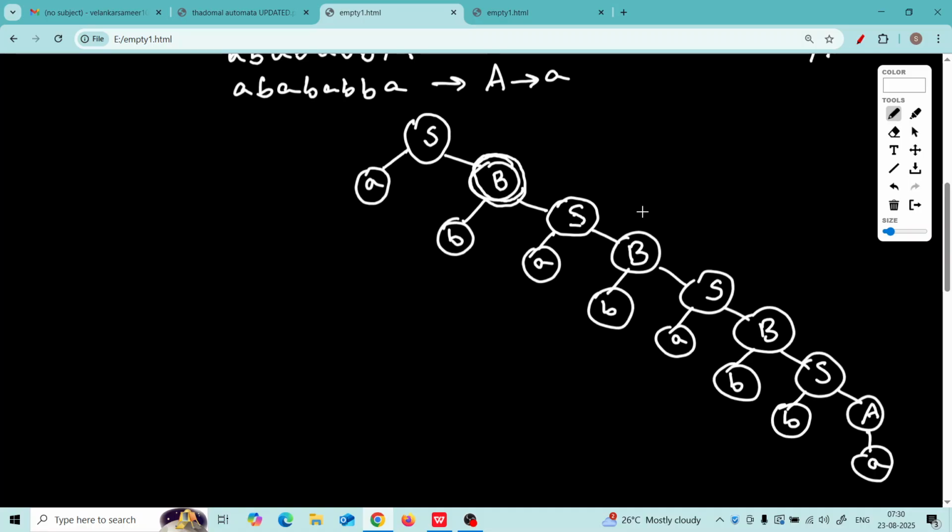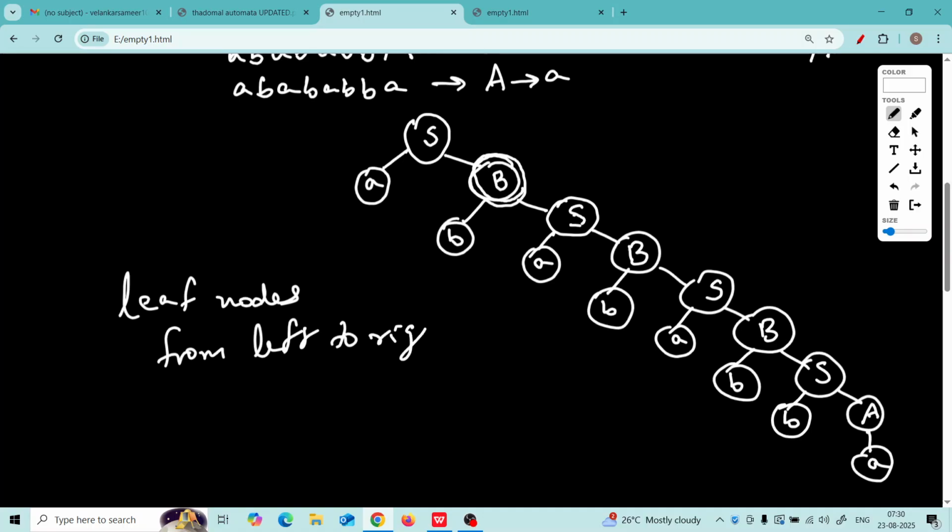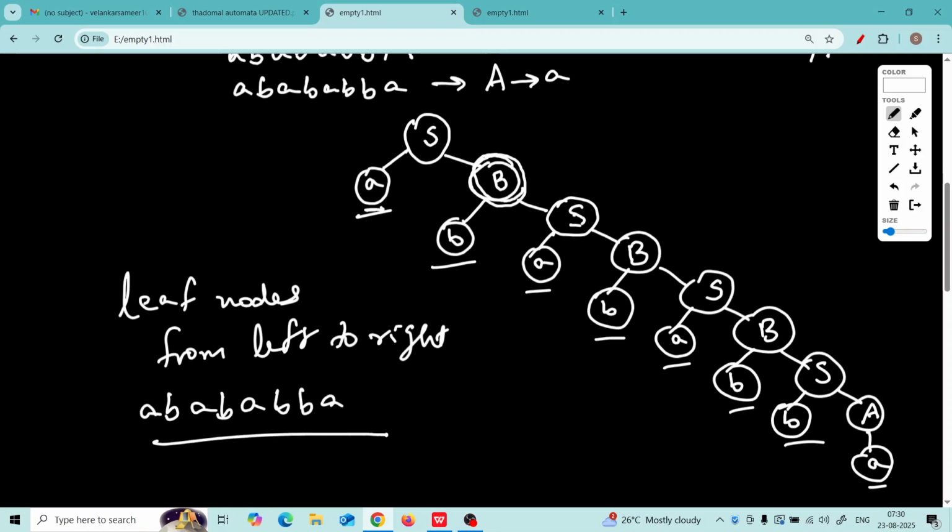Now you read all the leaf nodes from left to right. This is a leaf node, isn't it? It does not have any children. So if you read it like this, you get the string which you needed.